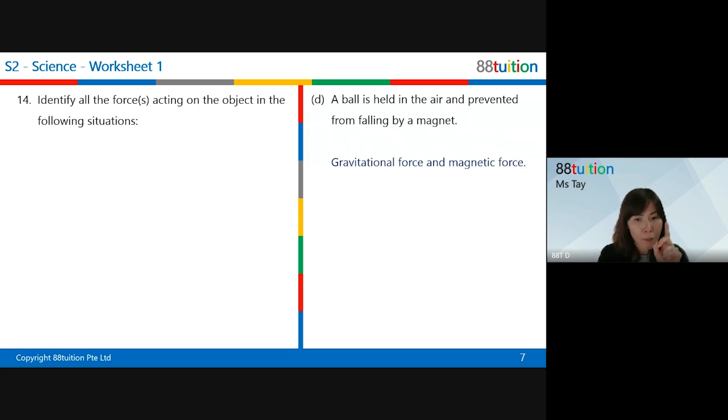Then from now on, let's avoid talking about attraction and repulsion only. Okay, linked to force of attraction, force of repulsion. So when two magnets with their like poles facing each other, the two magnets experience the force of repulsion. Okay, y'all write down force of repulsion, force of attraction.